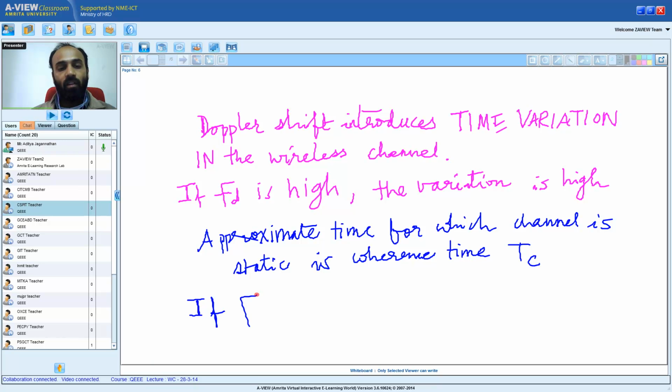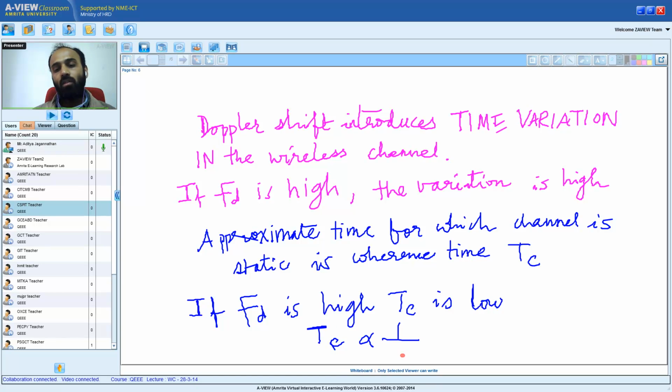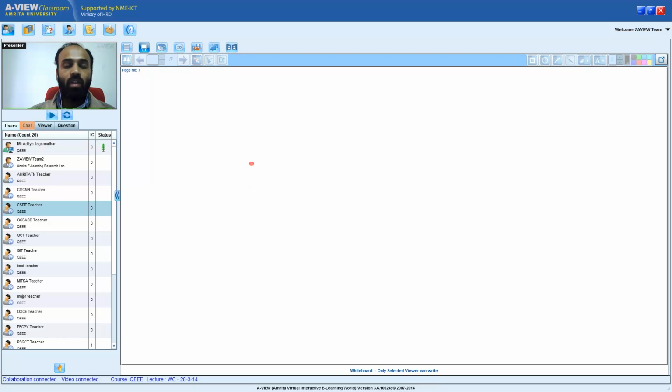If Fd is high, Tc is low. Therefore, Tc is inversely proportional to Fd, that is, proportional to 1 over Fd. In fact, as a rule of thumb, Tc equals 1 by 4 Fd.